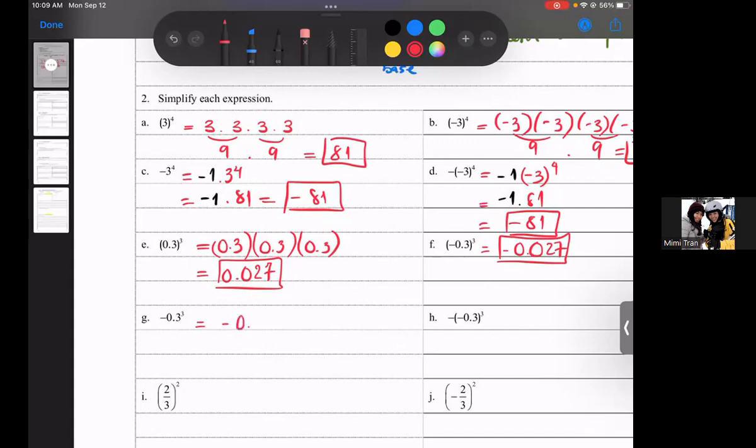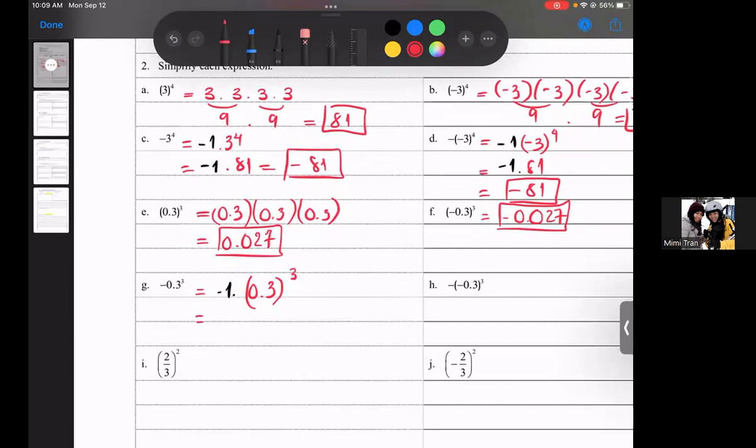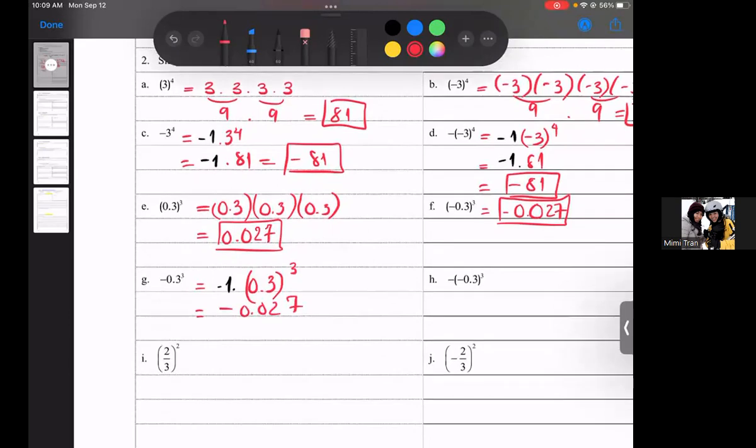Negative 0.0. Oh, let me do it out loud. So it's negative 1 times 0.3 cubed, right? But again, for the even power, it's picky.